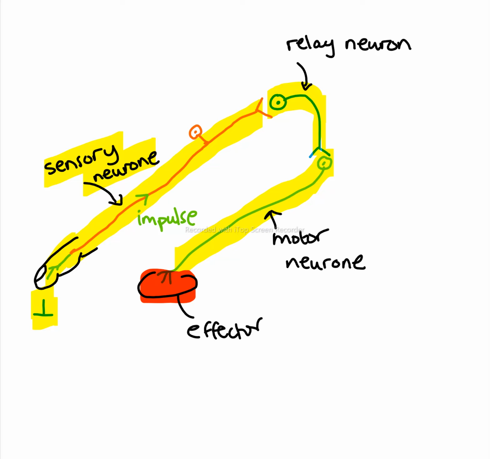So that there is the reflex arc, and it doesn't go directly to the brain, it'll go in this reflex arc. So this is called a reflex arc. Sensory, relay, motor.